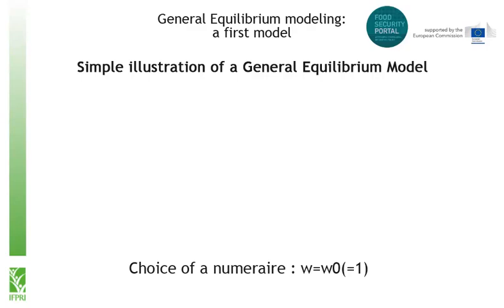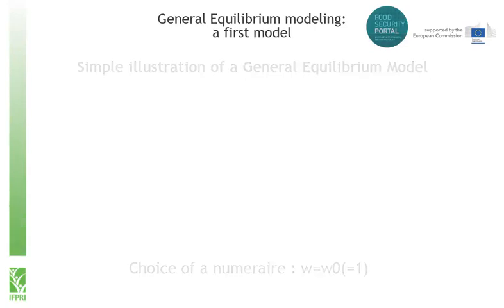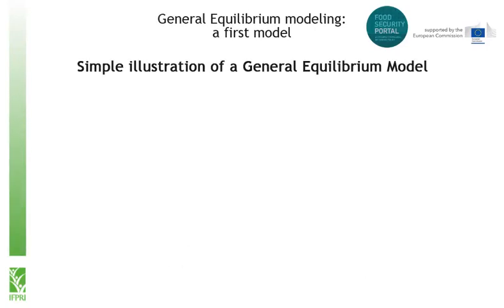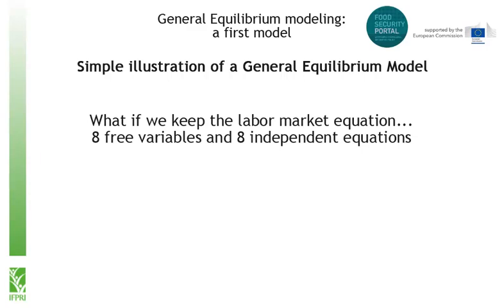And so we have fixed the price of labor, W, the endogenous variable. It remains now at its initial value, which is 1. In fact, modelers used to keep the labor market equation, or the good market equation, or the capital market equation.